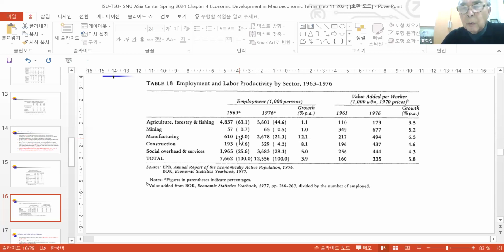Okay. What is the right-hand side? Value added per worker. Value added per worker means GDP produced by the population per worker.